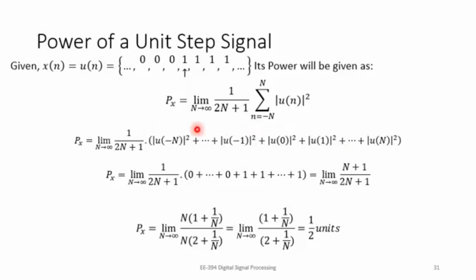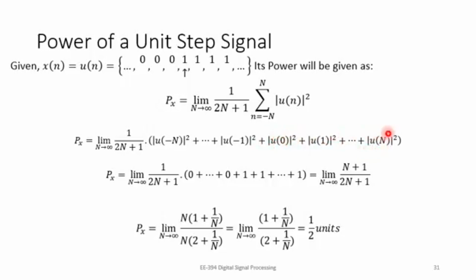And here we see everything is the same. This is the signal, this is the formula, and we expand this. Now focus from u of minus n to u of minus 1. They will all be 0. And from u of 0 to u of n, these are n plus 1 numbers. So this will be 1, this will be 1, everything will be 1 till this point.